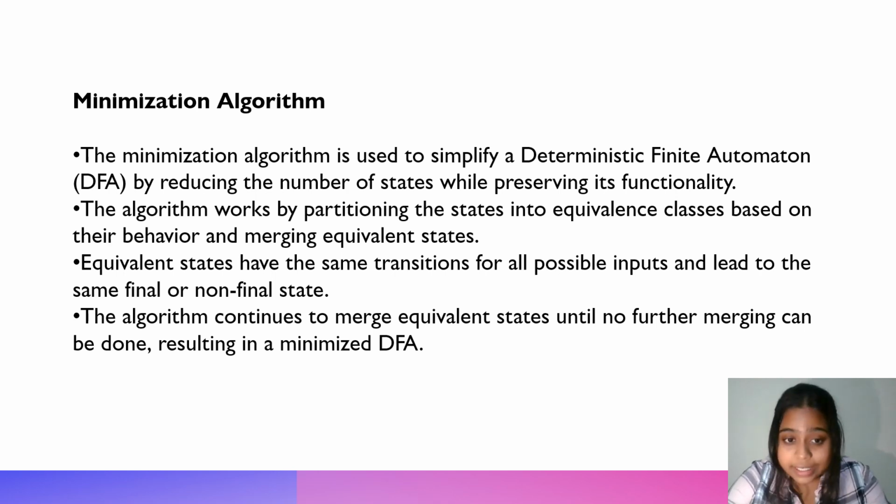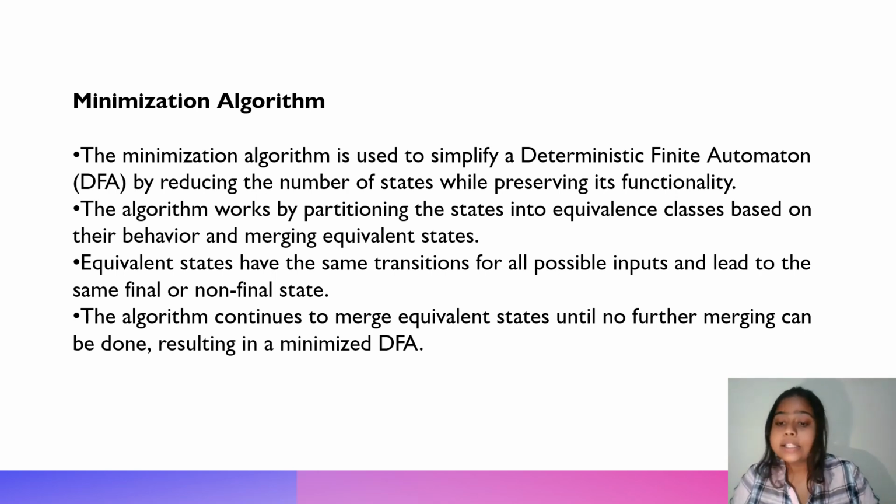The equivalent states have the same transition for all possible inputs that lead to the same final or non-final states. The algorithm continues to merge equivalent states until no further merging can be done, resulting in a minimized DFA. So, 4 steps will be included.